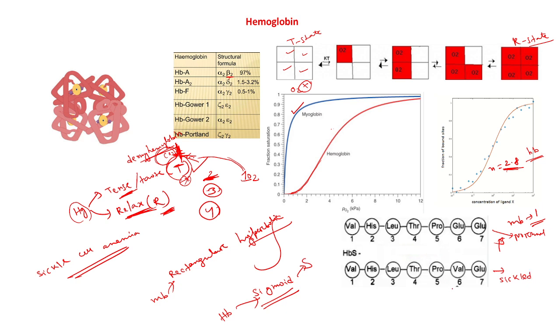At the 6th position, in the normal case, glutamate or glutamic acid is found, but in sickle cell a valine is found. So that's why it becomes the sickle.